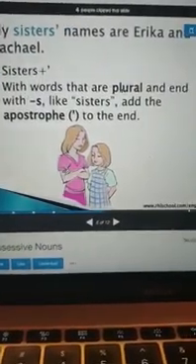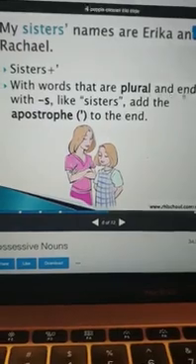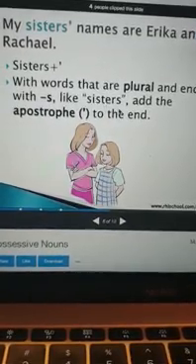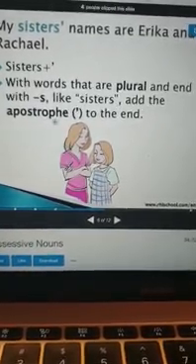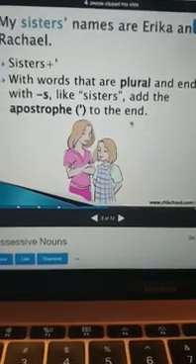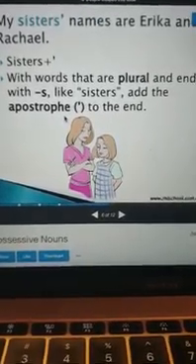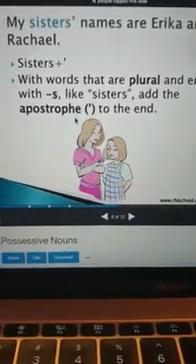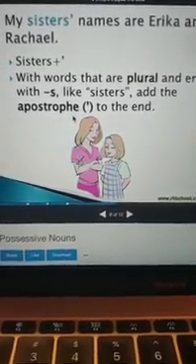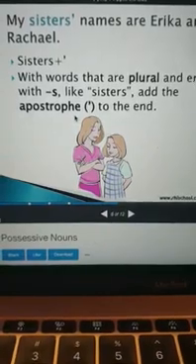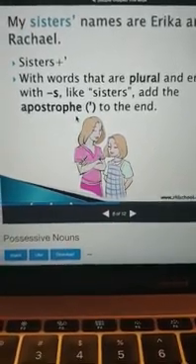With words that are plural and end with s, like sisters here, add the apostrophe to the end. So here we are using only the apostrophe at the end, unlike singular nouns where we can use both apostrophe s as well as only the apostrophe.